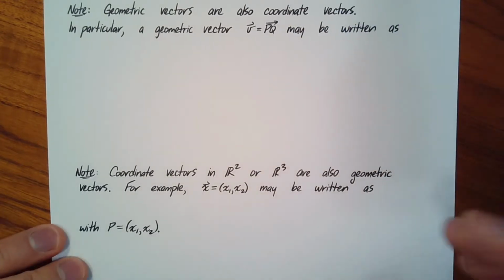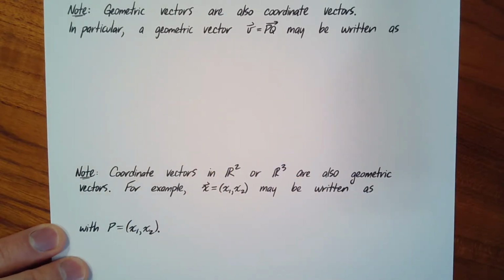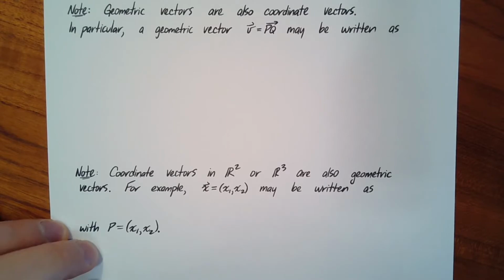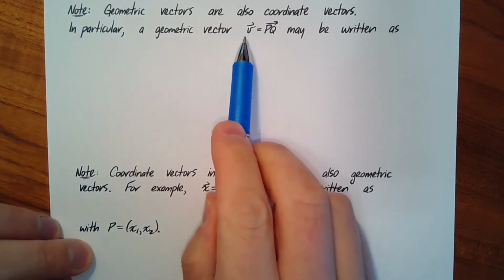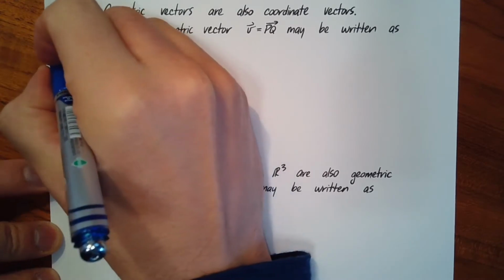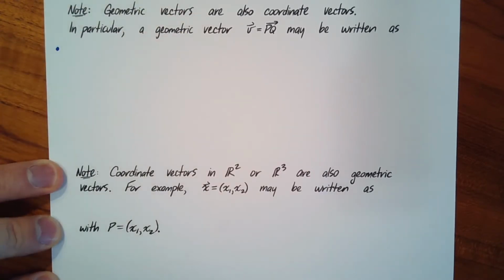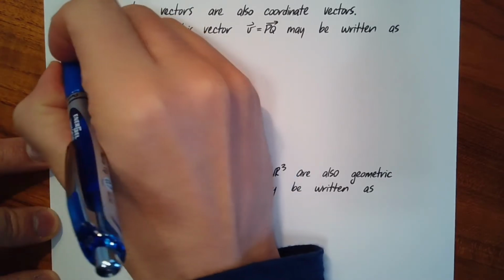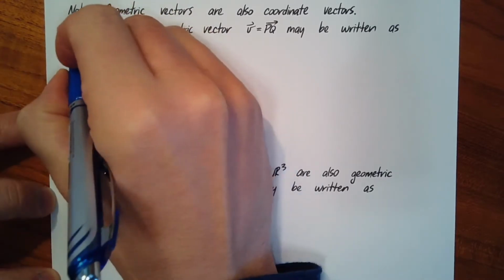Well, it depends on whether this is a geometric vector in R2 or a geometric vector in R3. So let's start with the case where this is a geometric vector in R2. So there's two different cases. This will be the first one. So I'm going to start over here so I have plenty of room. We can write the geometric vector v as a coordinate vector.